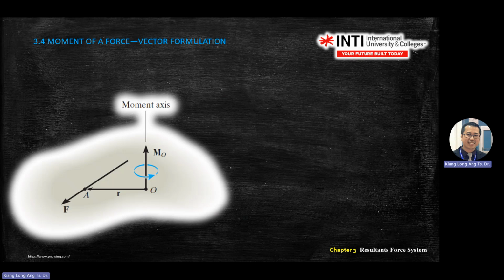Although in secondary level or in foundation, we tell you this is the distance, it's actually a vector to a point, with the distance at 90 degrees in that direction. So R must be perpendicular to the force, then it will form a moment.